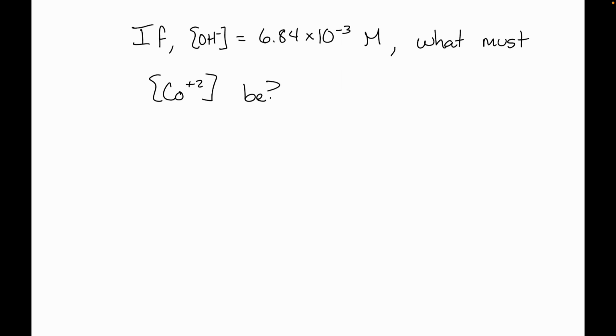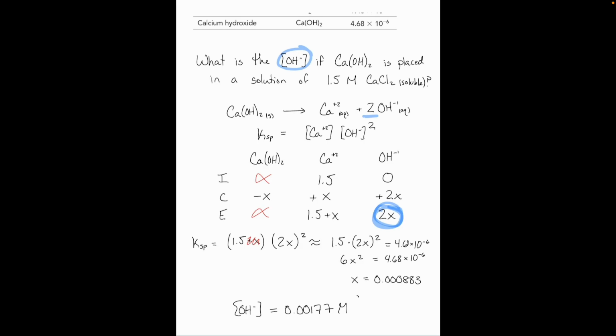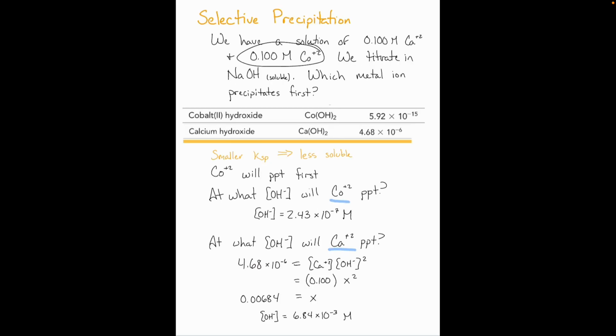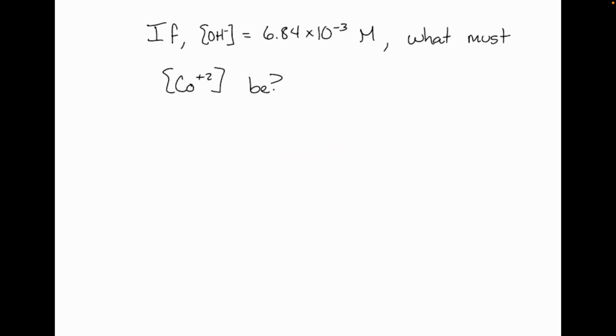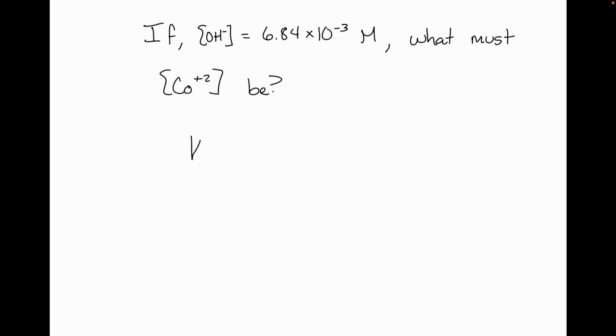All right, so first of all, do we think it's going to be bigger or smaller than the original value of 0.1 molar? Smaller, in fact, quite a bit smaller, right? I had to precipitate out a whole bunch of cobalt before that concentration of hydroxide was able to rise and precipitate out that calcium. So now I'm going to use this KSP expression for cobalt again, times that hydroxide ion concentration squared.